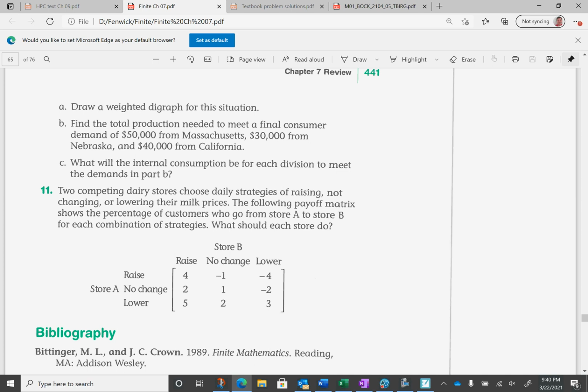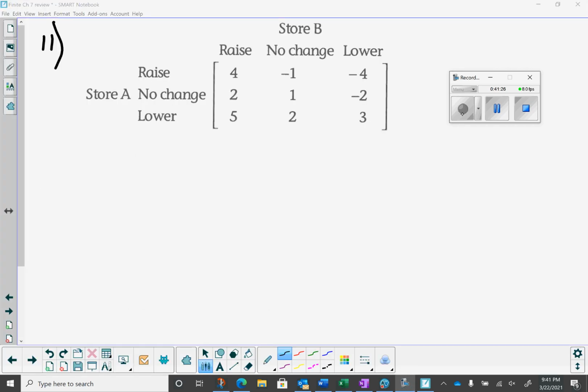Number 11, let's go to that one because that requires a bit of a different approach. So it's not just two strategies from the Democrats and the Republicans, or this is very similar to the pizza wars because this is a 3 by 3 with the two stores competing here.